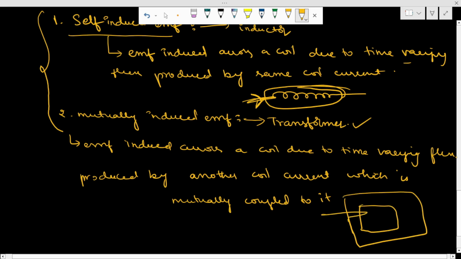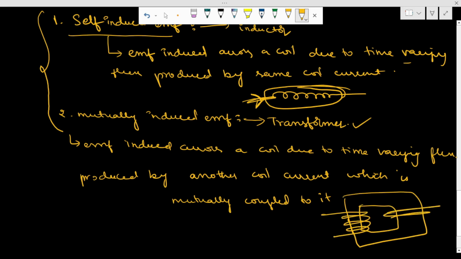Okay, this is the primary coil, this is the secondary coil. Here we are giving the supply voltage and current directly to this coil. As this is AC, alternating current, the flux produced is also alternating.